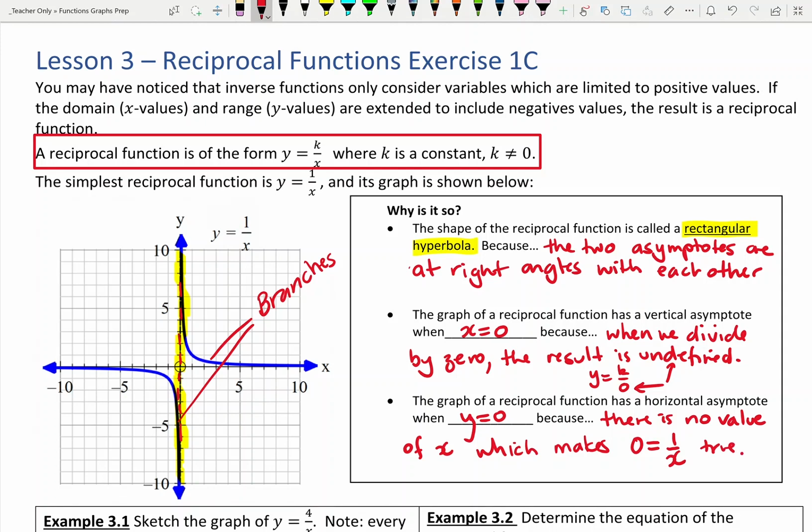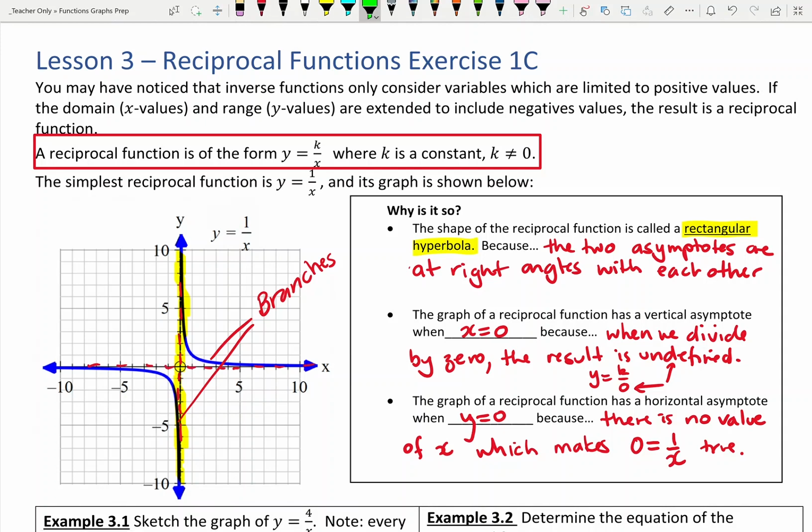Okay, so 1 divided by any number is going to give you a non-zero answer. You might be tempted to go, oh, well, let's make x equal 0, but then we end up in the same situation. 1 divided by 0 is undefined. So 1 divided by 0 is not 0. And so this is the horizontal asymptote here.